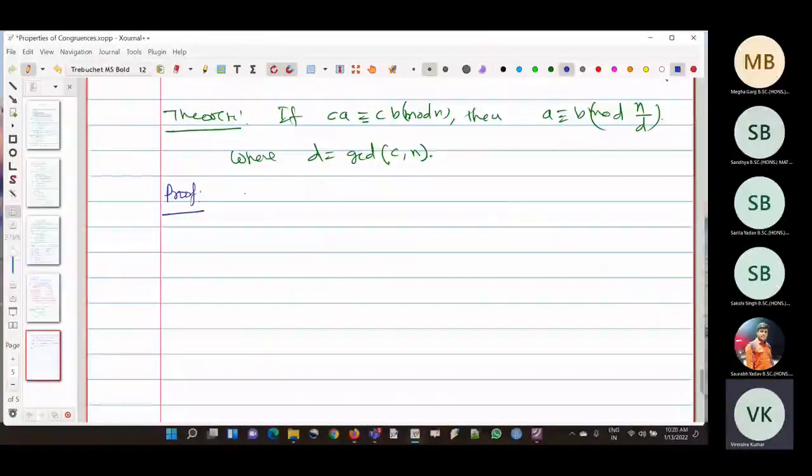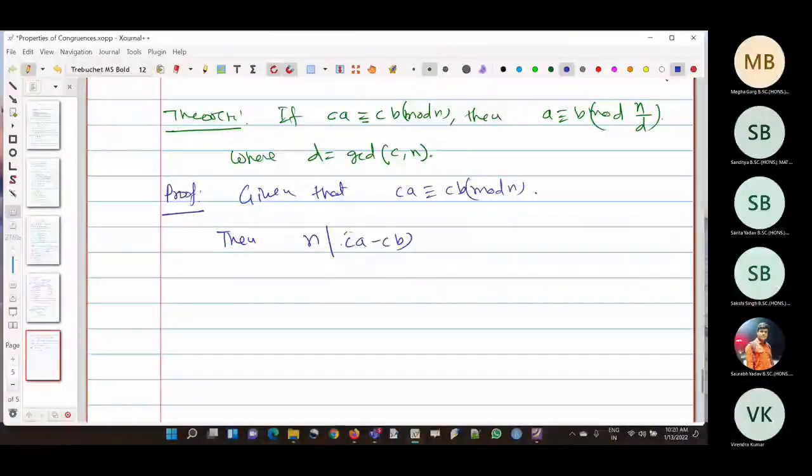Okay, given that CA is congruent to CB modulo n. Then this implies that n divides CA minus CB, because of the definition of congruence.